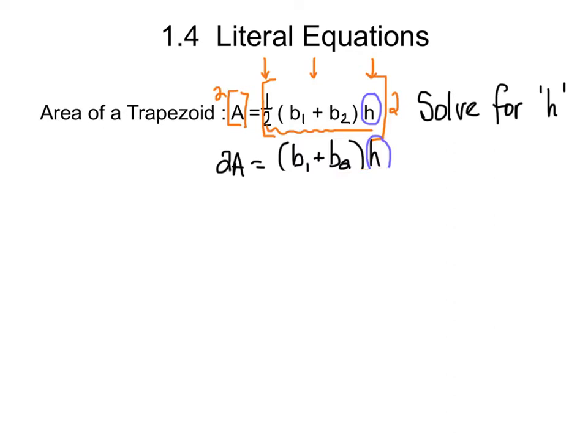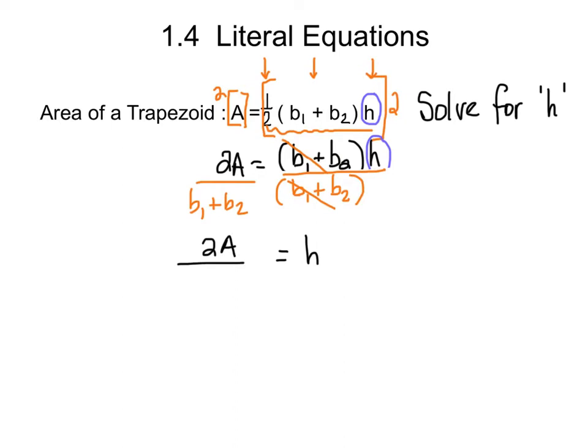These are 2 factors, 1 factor, 2 factors. In order to split factors that are multiplied together, I just simply divide. So I'm going to divide by the factor of B1 plus B2 on both sides. The B1 plus B2 will cancel, leaving me H is going to equal 2A over B1 plus B2.